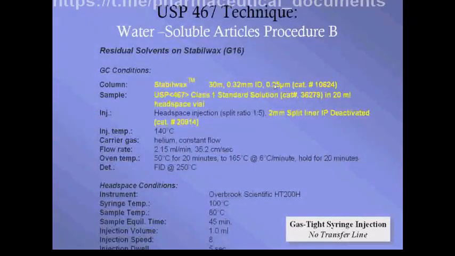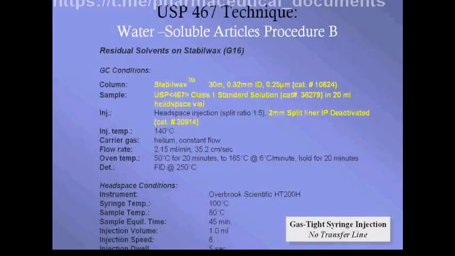But again, what I will show you is overall system suitability required for this, what you need to get from the analysis. So here's an example of the analytical conditions. Notice in this case what I did is use a gas-tight syringe injection, so no transfer line. And what I had found is a 2 millimeter split liner, even up to a 4 millimeter split liner, becomes much less critical in terms of band broadening.